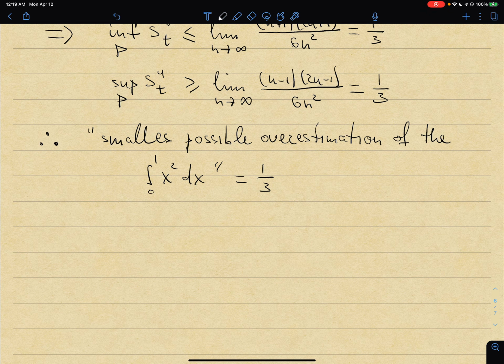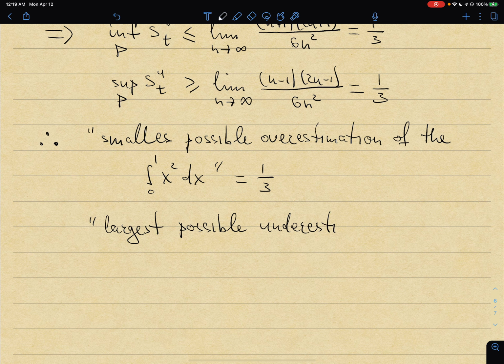And likewise, the largest possible underestimation of the integral from 0 to 1 of x squared dx is also equal to 1/3.